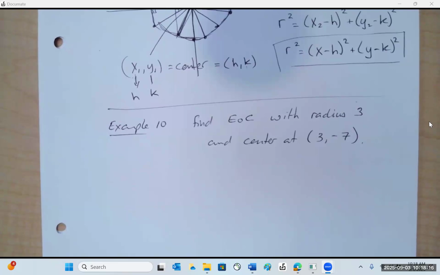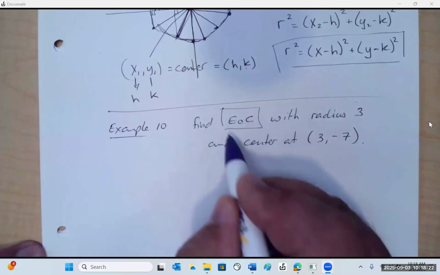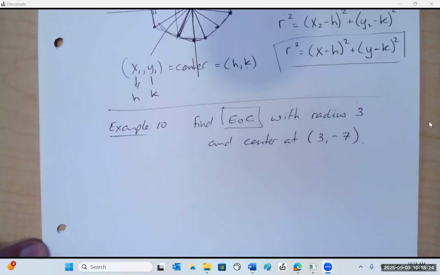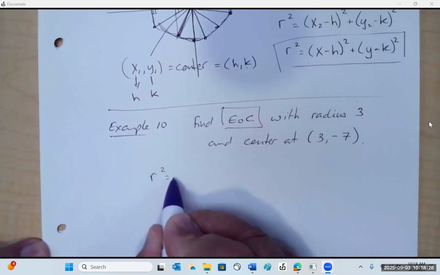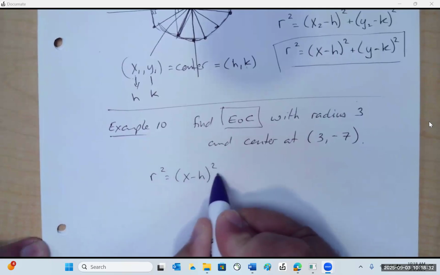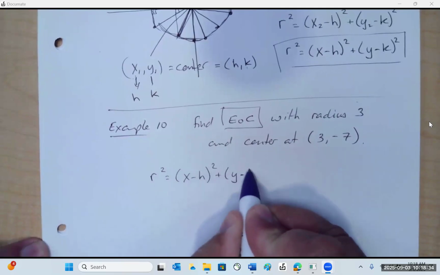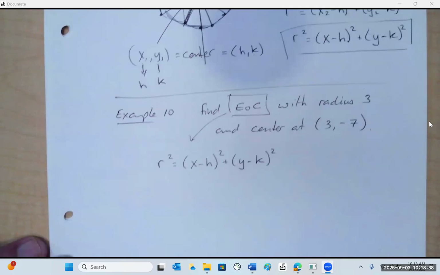Remember, it's asking for the equation of a circle, EOC. This tells you what formula you have to use. The formula you have to use is this one. So that tells you what you have.